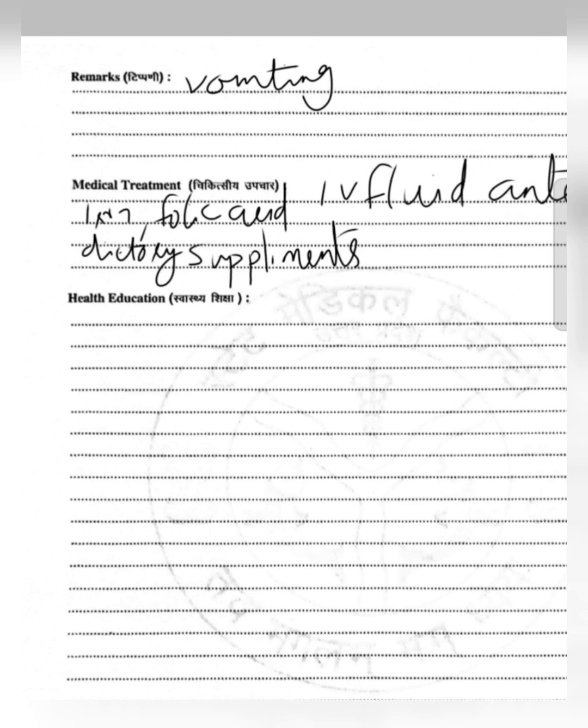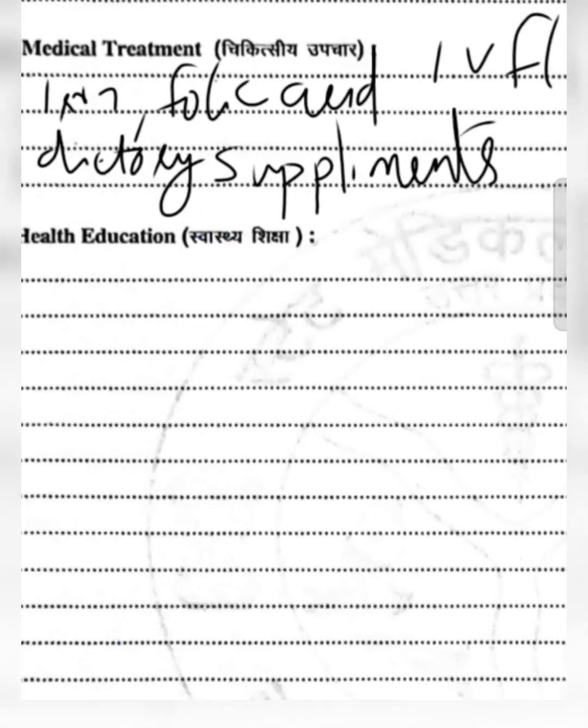Next heading is health education. So what are the health educations we can give to the mother during pregnancy or during her antenatal visits? First one is on nutrition, or on diet. We need to give the health education on diet or nutrition.